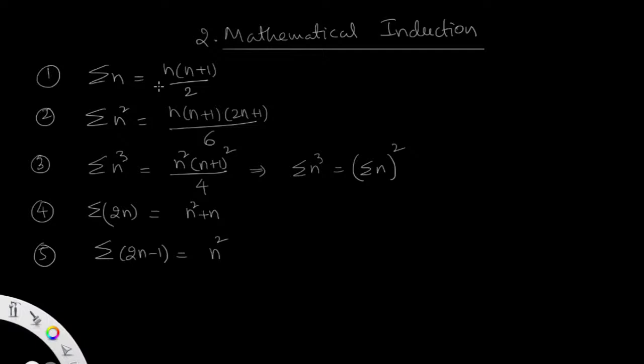Sigma of 2n, the sum of the even natural numbers, is n square plus n, and the fifth one is sigma of 2n minus 1, the sum of the odd natural numbers, that is n square. Okay, next we have exercise 2 problems.